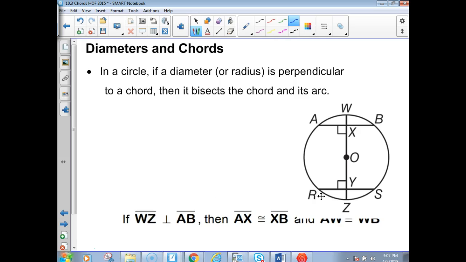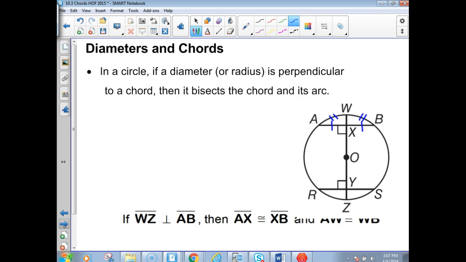Number 7. Now we're getting to that diameters and chords thing again. In a circle, if the diameter or radius is perpendicular to a chord, it bisects the chord and its arc. So what we already looked at was that if this is perpendicular, then A to X equals X to B, and arc AW equals arc WB.